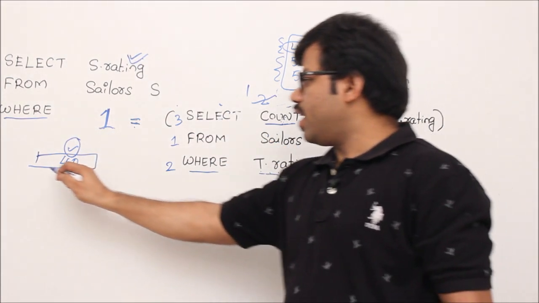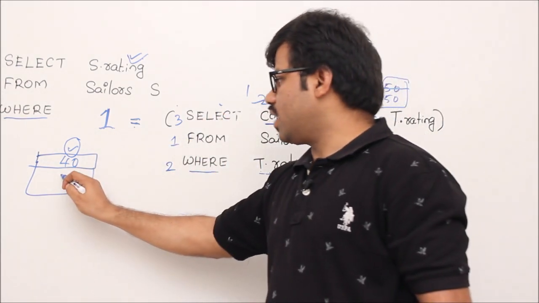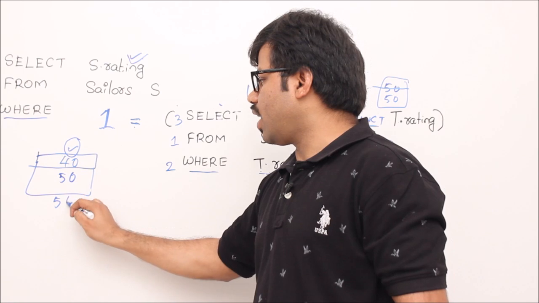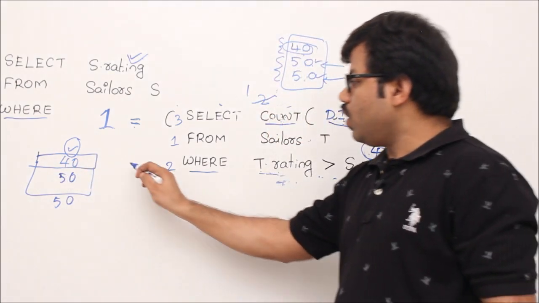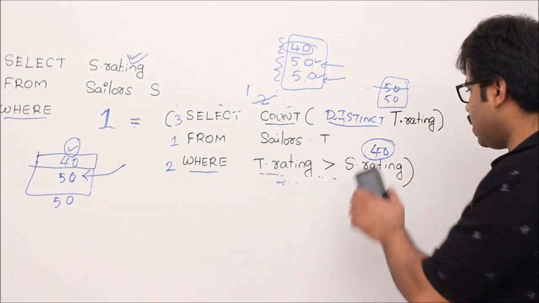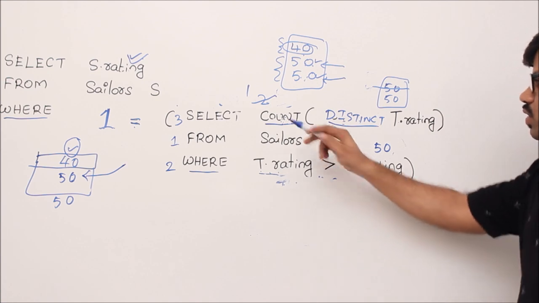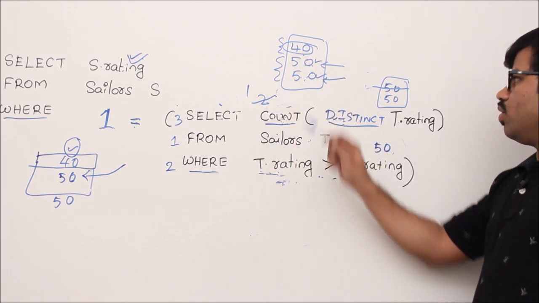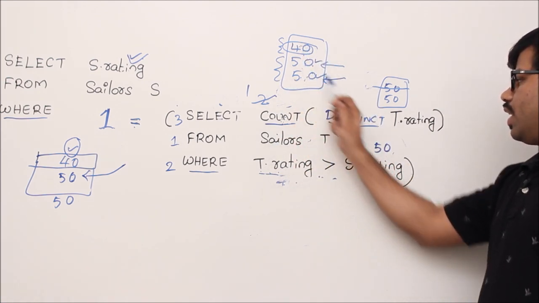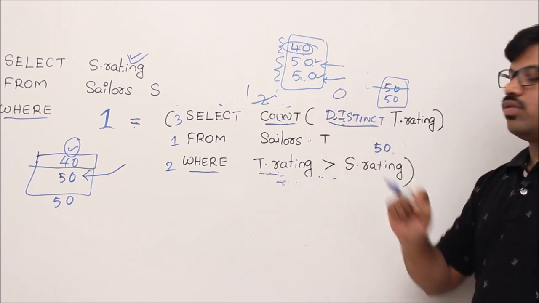Okay, sir, my doubt is, if I write this, will the first highest also be printed? No. Example, if you have 40, 50, 50, what happens, we'll see. When you take the tuple where S.rating is 50, which is the first highest, let's substitute. This query will be evaluated for every tuple, no? 40 greater than 50 false, 50 greater than 50 false, 50 greater than 50 false, then count is 0, correct?